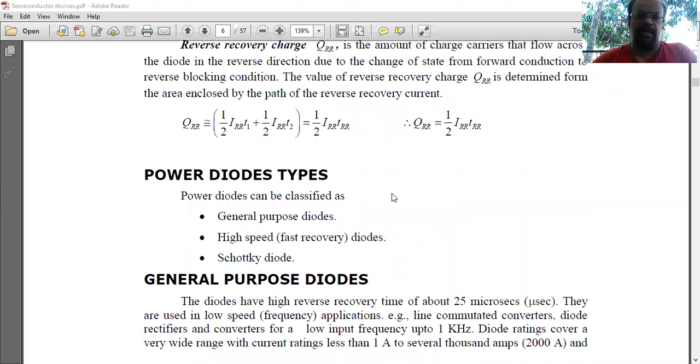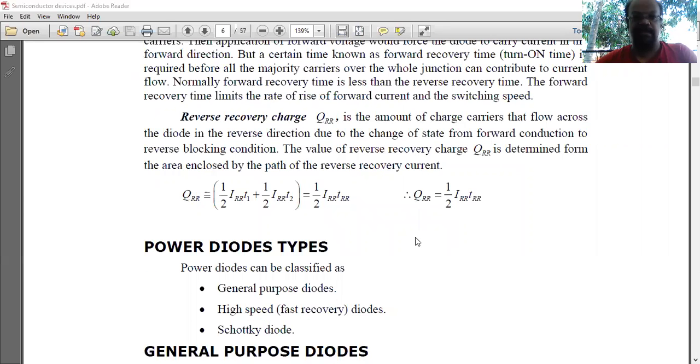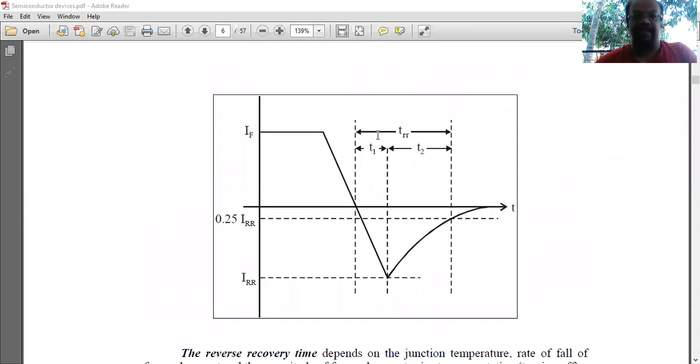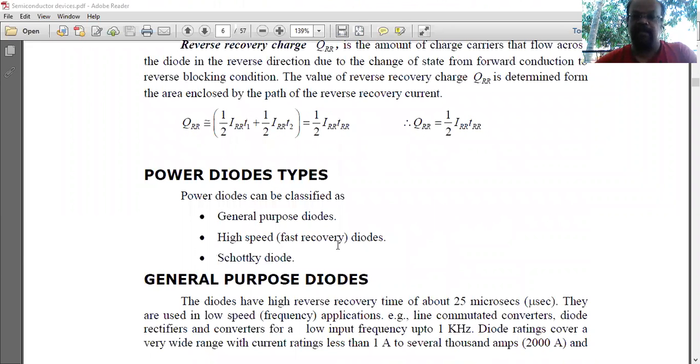Then there are general purpose diodes and high speed fast recovery diodes. Fast recovery means a very small recovery time. We prefer fast recovery diodes because if the reverse recovery time is more, it leads to losses, since switching losses depend mainly on the time of on and off.